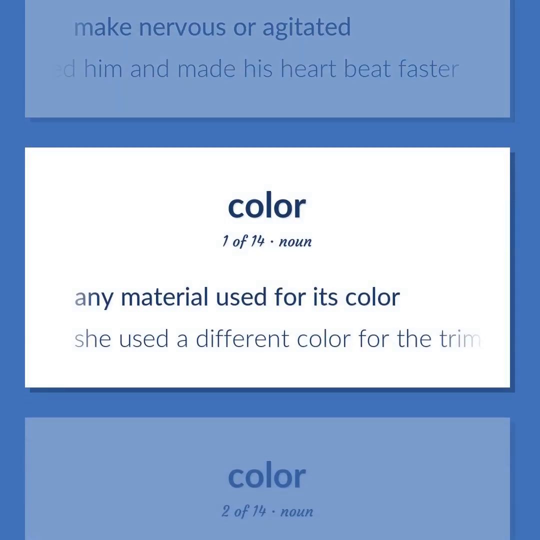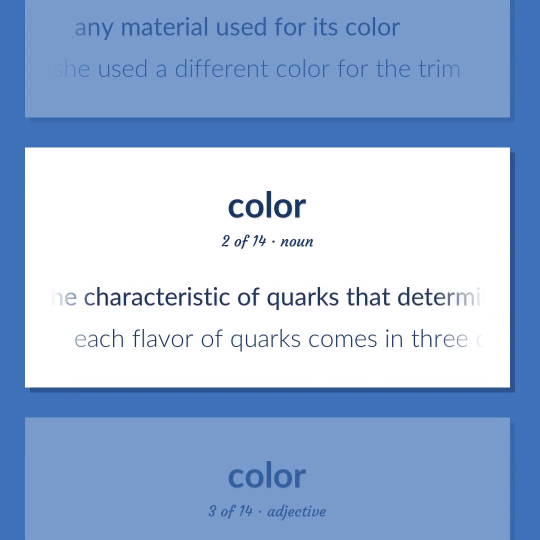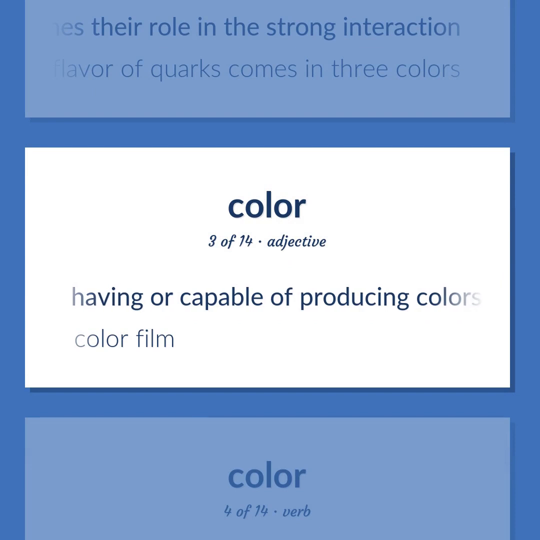Any material used for its color. She used a different color for the trim. Physics, the characteristic of quarks that determines their role in the strong interaction. Each flavor of quarks comes in 3 colors. Having or capable of producing colors.